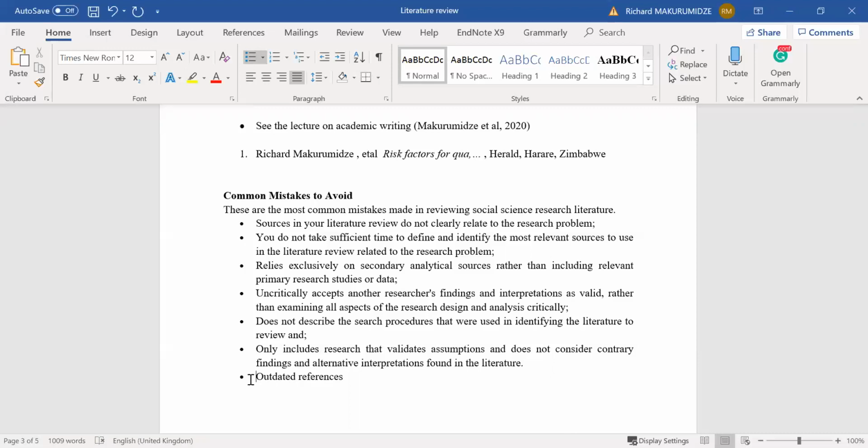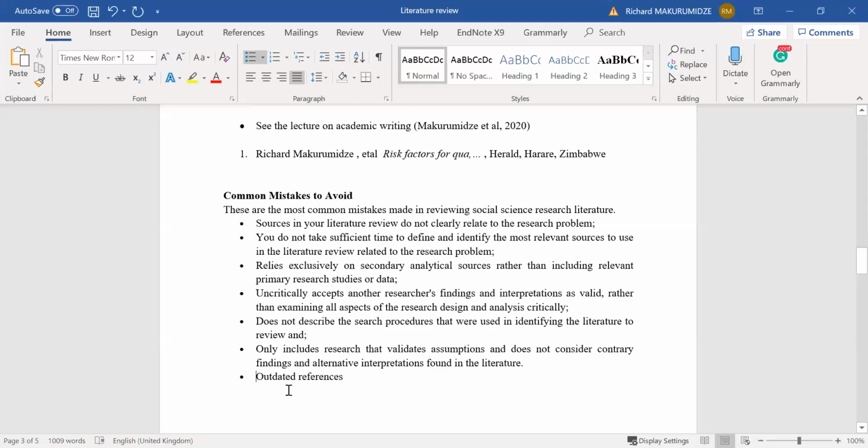In most cases, when you're writing an article, whatever you cite should be within 5 years or so. If you're doing research in 2020, at least 2015 or 2016, somewhere there.